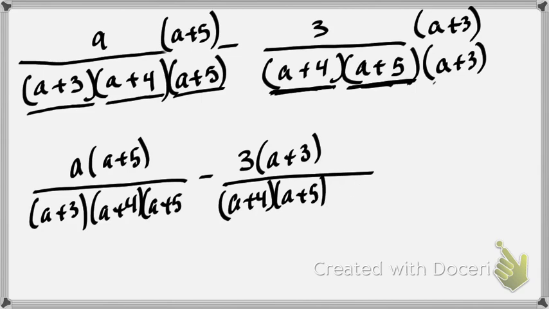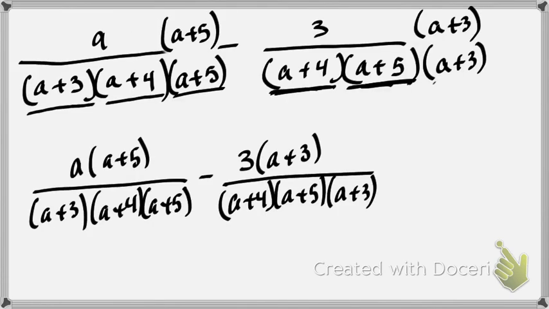Let's write that a little bit better. Okay? And so now that the denominators are the same, I can now write them as one fraction with all three parentheses under one fraction. And so it's going to look like this.